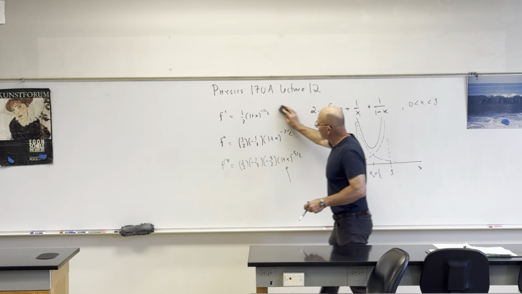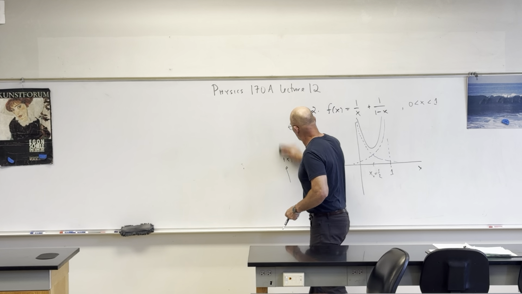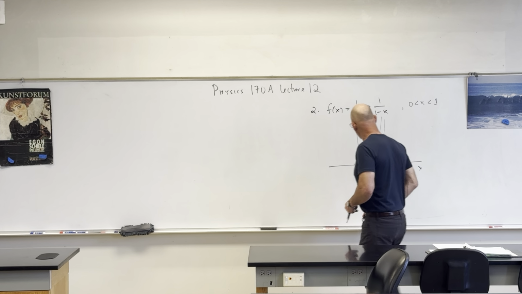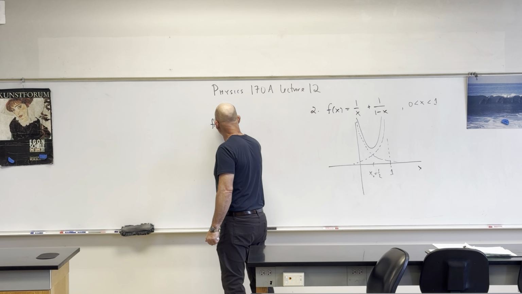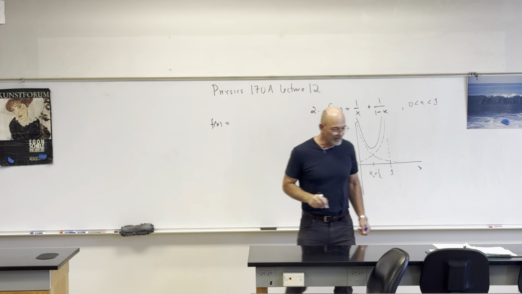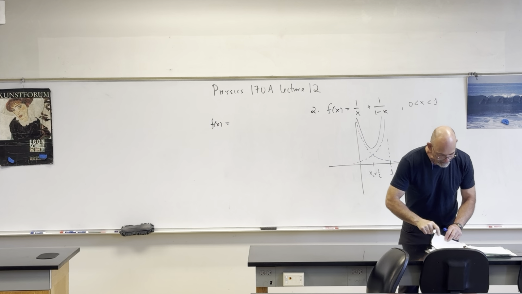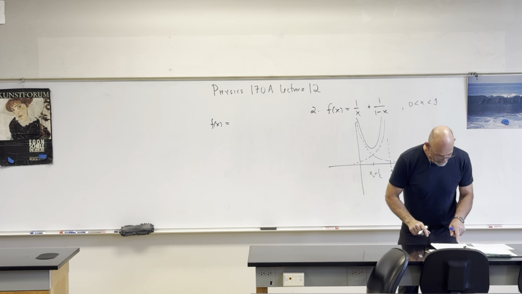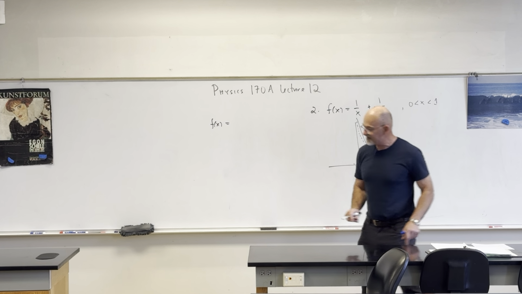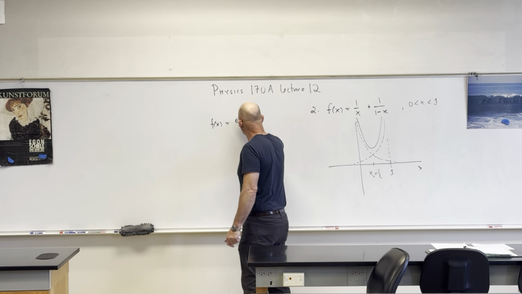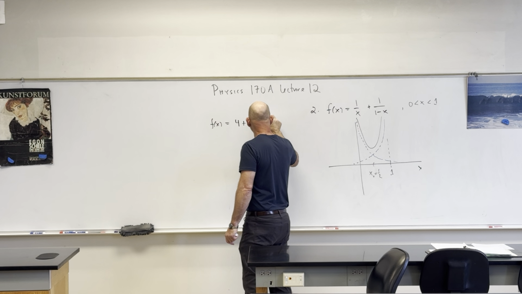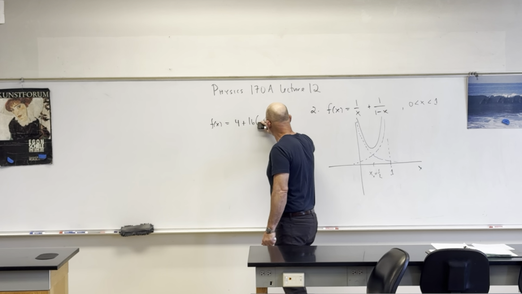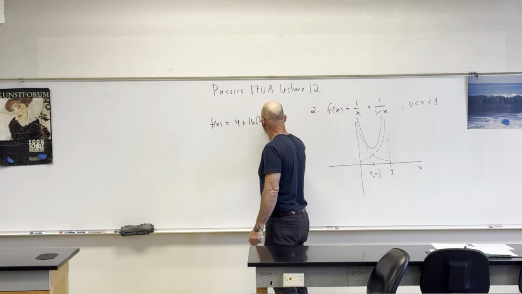We can go ahead and erase this. So what you find here so far is f of x, I believe it was, I have that here, 4 plus 16 times x minus 1/2 quantity squared.